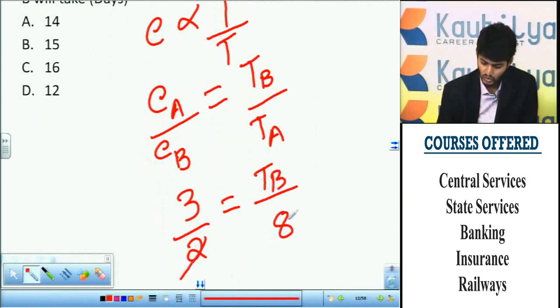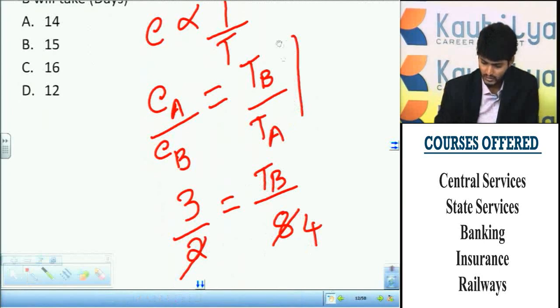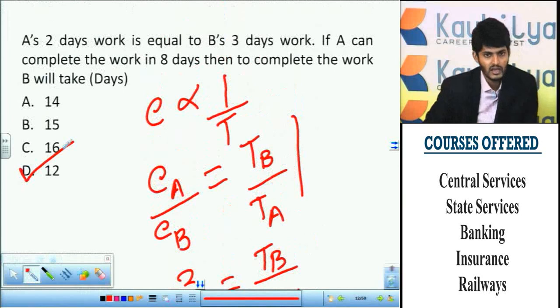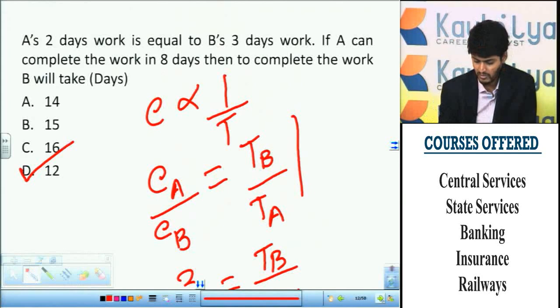So 2 cancels 4 times, and if you cross multiply, you will get the answer to be 12 days, right? So the basic concept that I have learned is that efficiency and time are inversely proportional, given the total amount of work is constant. So you can take E of A by E of B is equal to time taken by B by time taken by A. So this is your first concept of time and work.